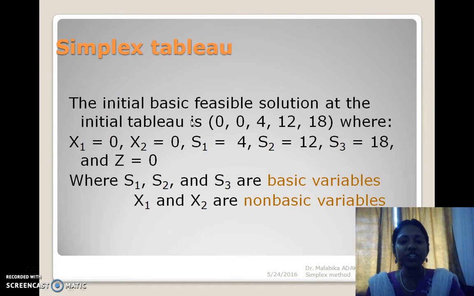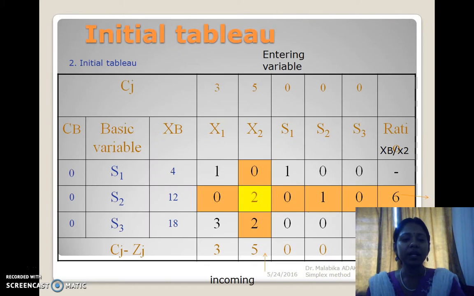To calculate the initial basic feasible solution, we are putting 0 for the decision variables, X1 is equal to 0, X2 is equal to 0. So the initial basic feasible solution is S1 is equal to 4, S2 is 12 and S3 is 18. So Z is 0. So now we are applying the iteration for a better solution.